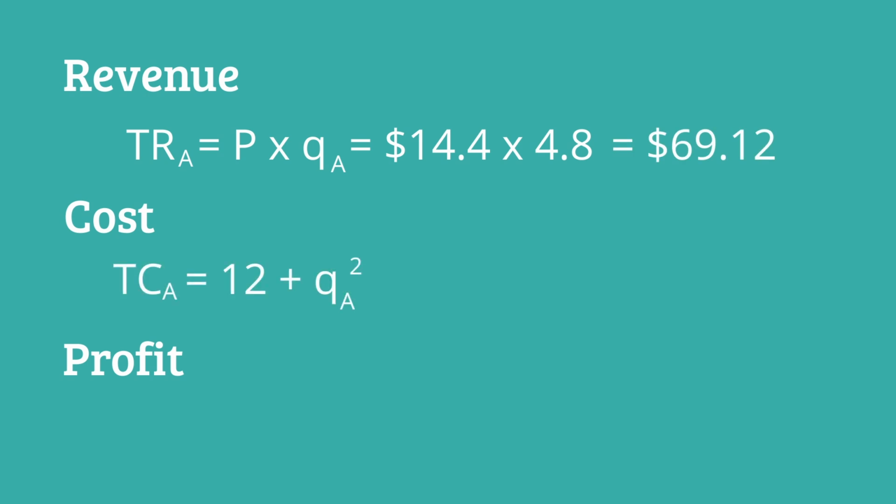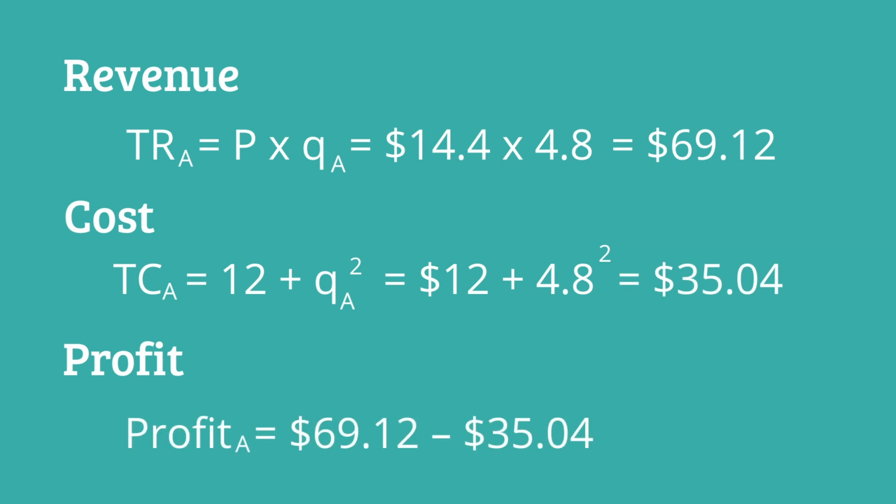TCA equals 12 plus QA squared equals 12 plus 4.8 squared equals $35.04. Profit A equals 69.12 minus 35.04 equals 34.08. And by symmetry, firm B's revenue, cost, and profit are the same.